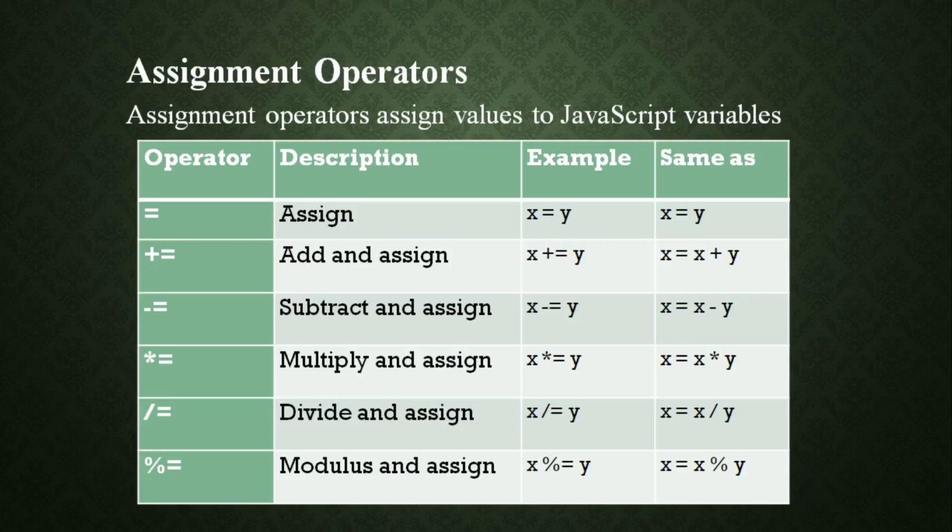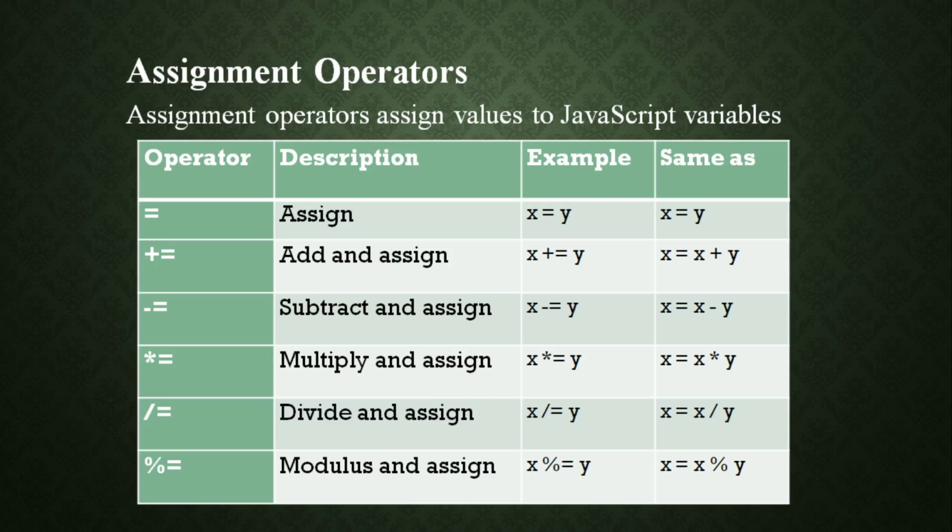The next type of operator is the assignment operator. For assigning values to the JavaScript variables, we use the assignment operator. How do we assign these values? By using the equal to operator, we can assign these values with the symbol equal to. We can also represent a shorthand notation.